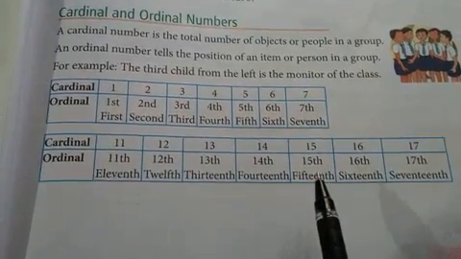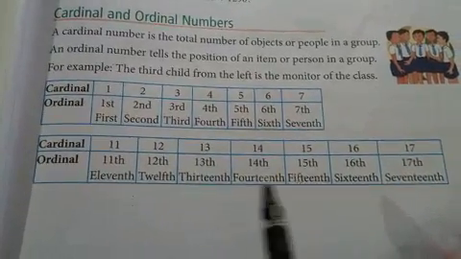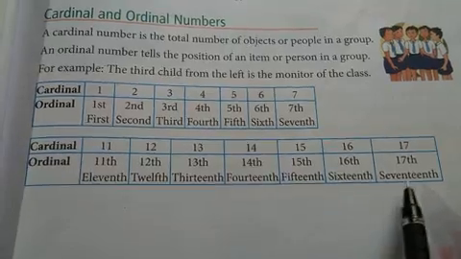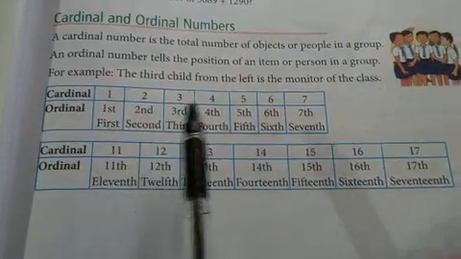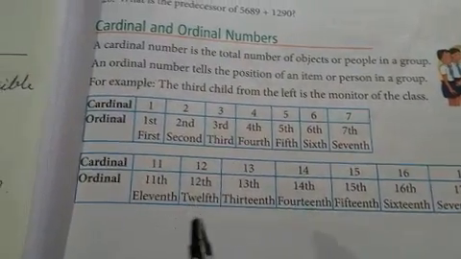Particularly we are talking about only that 15th person or 15th one. So these are the ordinal numbers, and these are the cardinal numbers.